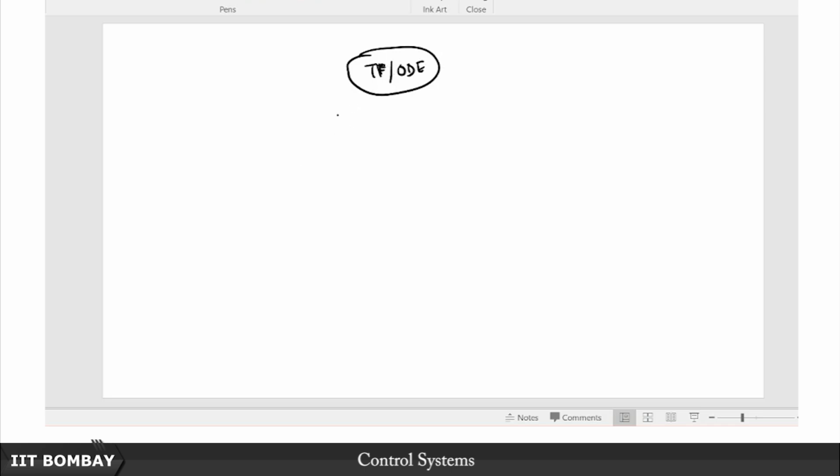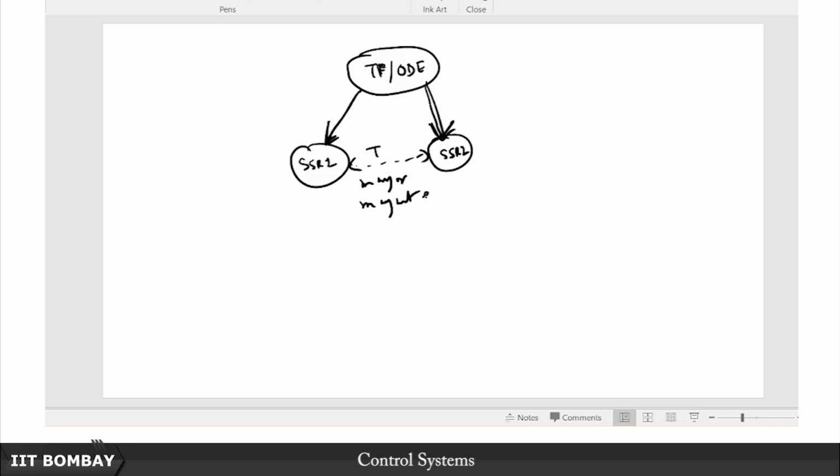Now from this, if you get two different state space representations, then it need not necessarily imply that there is some sort of a similarity transformation that relates these two. So that T may or may not exist.